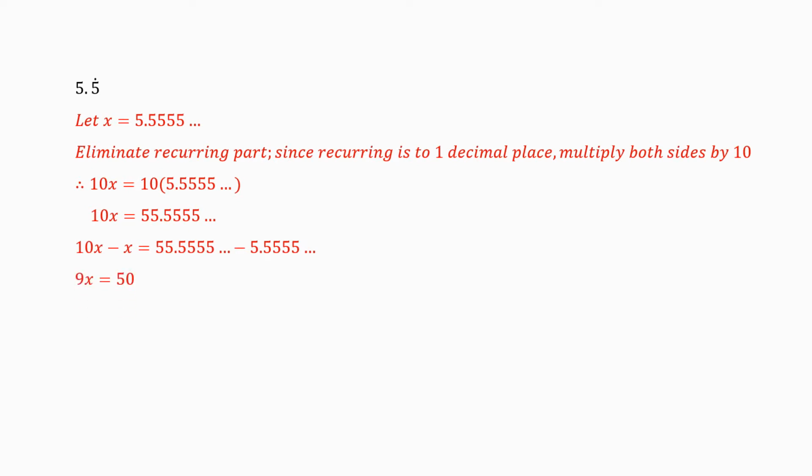We divide both sides by 9 to find the value of x. So x is 50/9, but we have been told to express the answer as a mixed number. So 9 goes into 50 five times and there's a remainder of 5, so x is 5 5/9.